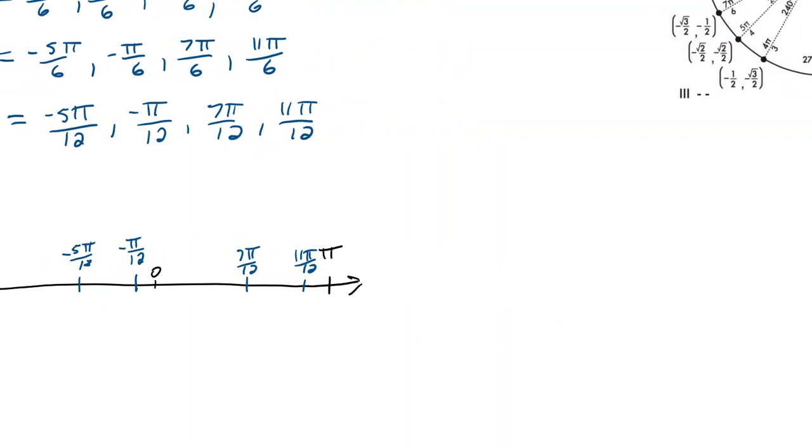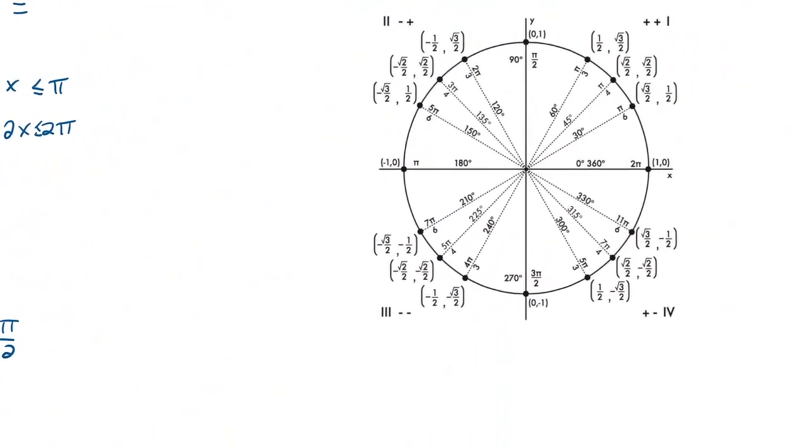So where is negative 5 pi over 12? Negative 6 pi over 12 would be right here, because that's negative pi over 2. So I must be just to the left of that. So this first interval, I'm checking in here.